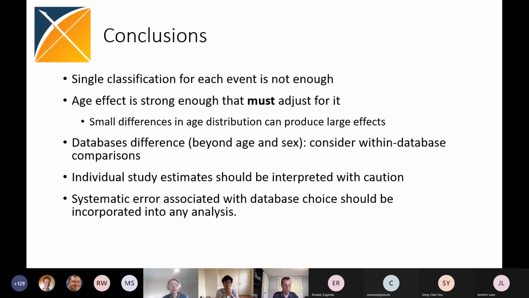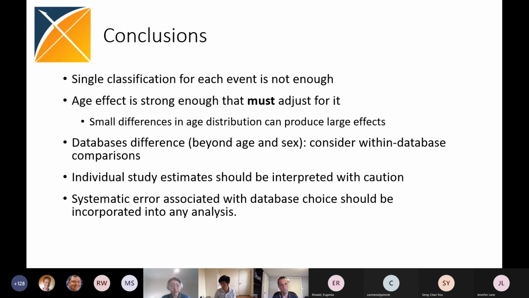To put everything together, we see that a single classification is not enough, and using a single point estimate of the incidence rate to compare with the observed rates in current reports is not reasonable, because there are huge age and sex differences in the incidence rates.